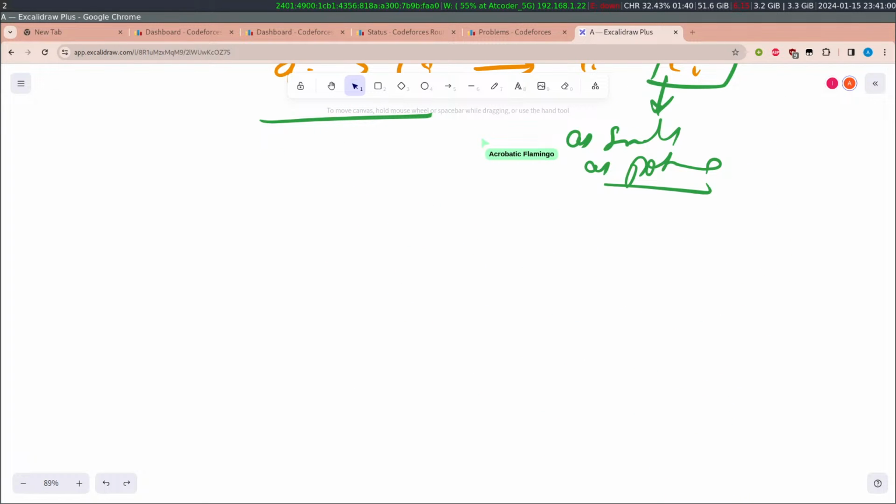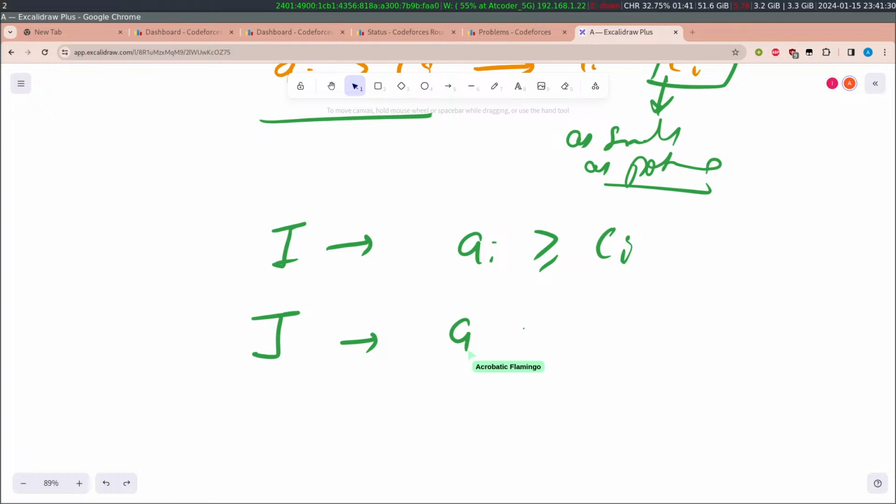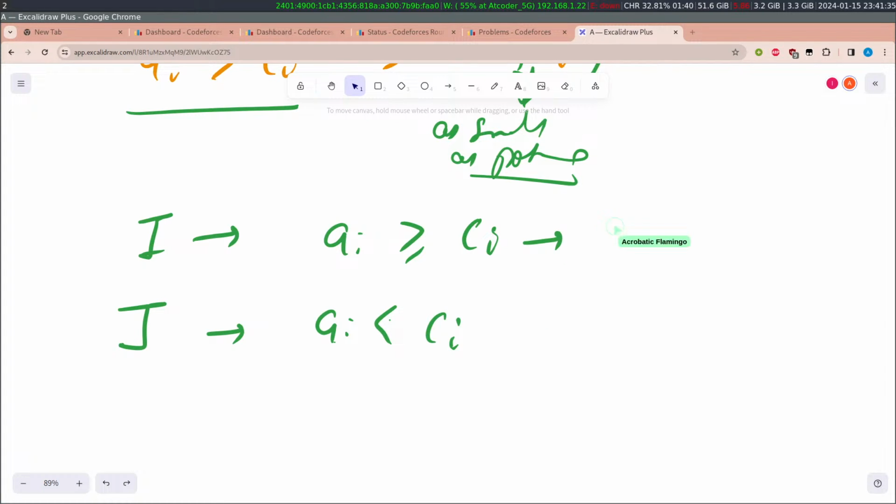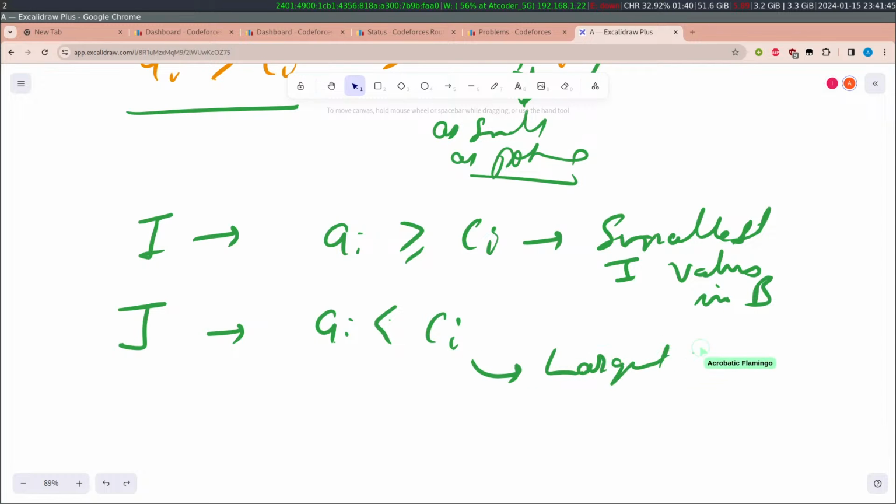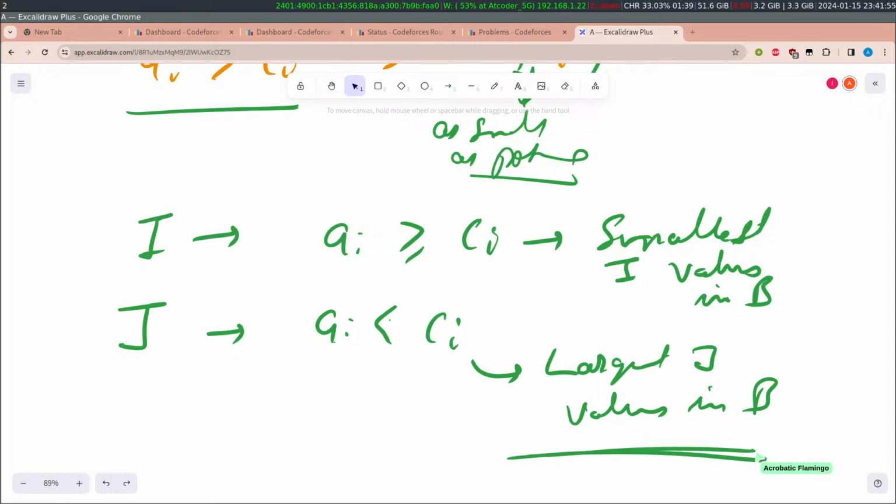So if we say that for i indices Ai is greater than Ci, and for j indices Ai is less than Ci, then here we should pick the smallest values, and here we should pick the largest values in B. So that would be our idea over here.